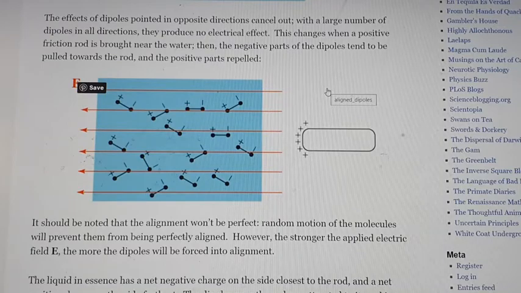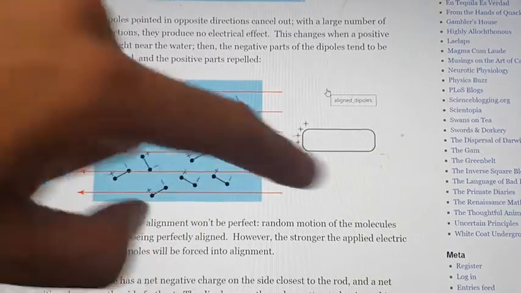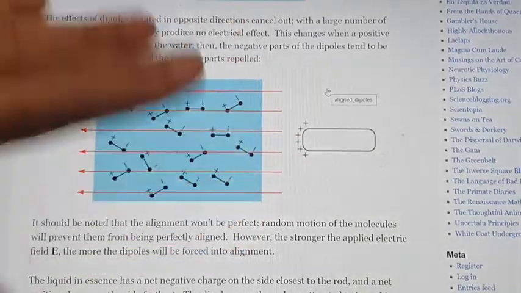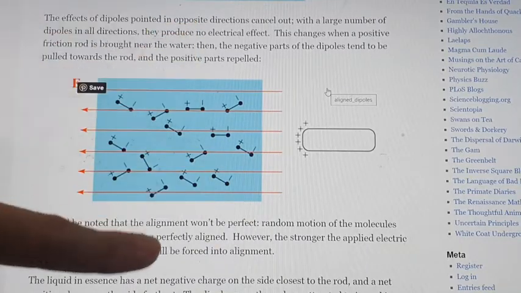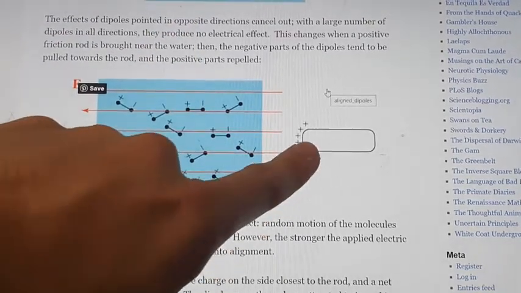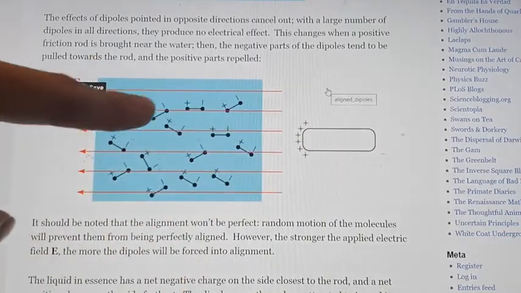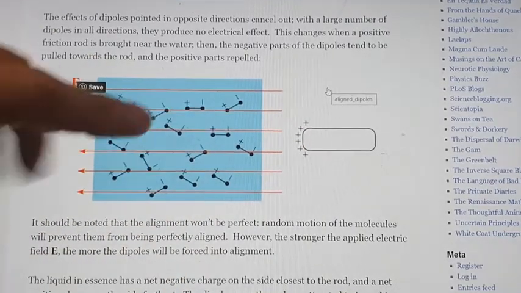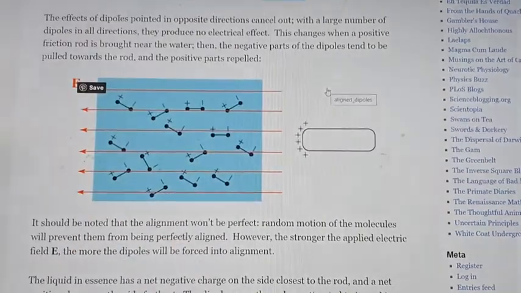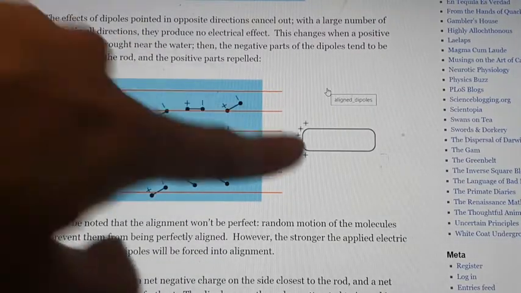However, if this was stronger, then obviously it'll be more or less perfect. It'll be forced into alignment. Because if this was very strong, then the negative side will be strongly attracted and it will align more perfectly compared to if it was less positive on the rod.